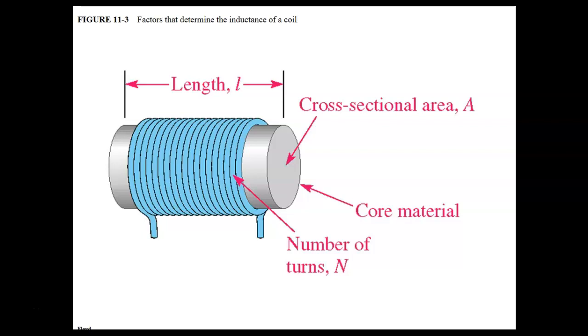Could change the number of turns. That would be hard to do. Could change the length. So the most popular way is to adjust this guy right here. So these are some variable inductors. And what we're doing is we're adjusting the core on both. Unfortunately, this one right here got broke.